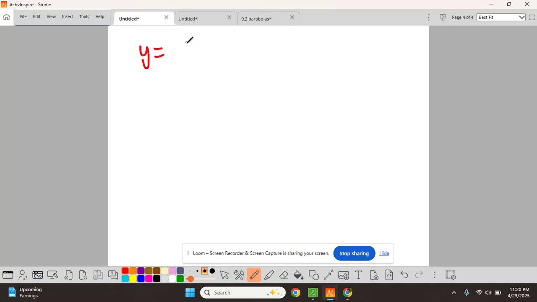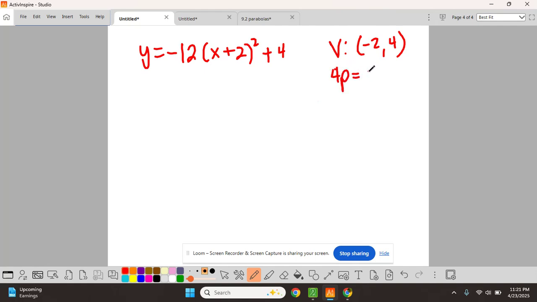So y is equal to, let's say, negative 12 times (x plus 2) squared plus 4. We know here that the vertex will be (negative 2, 4), right? And we know that the formula for the distance from the vertex to the focus is 4p is equal to a.